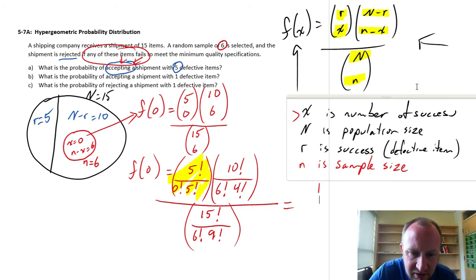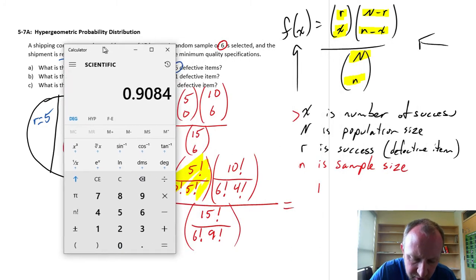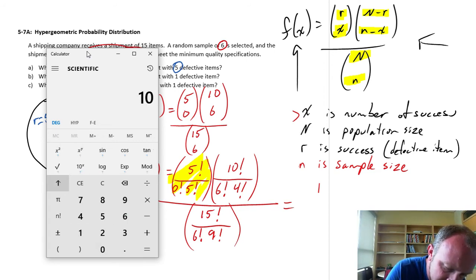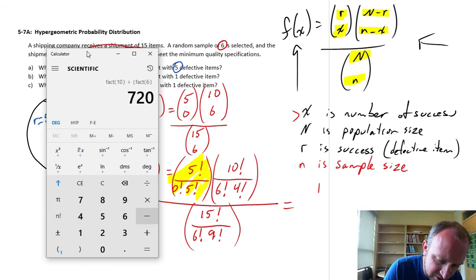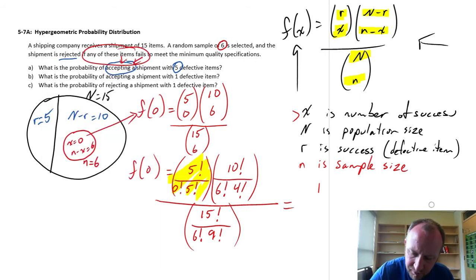Now the next one, this is going to be 10 factorial divided by 6 factorial times 4 factorial, that equals 210.